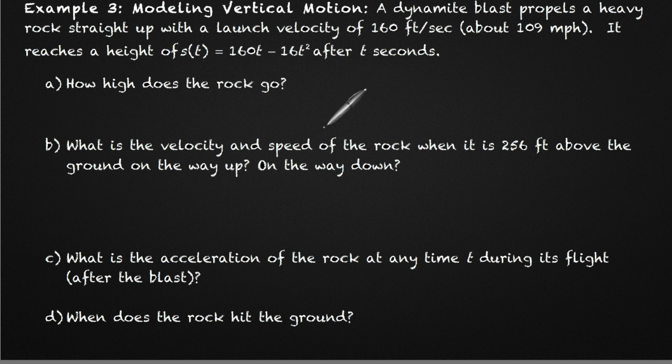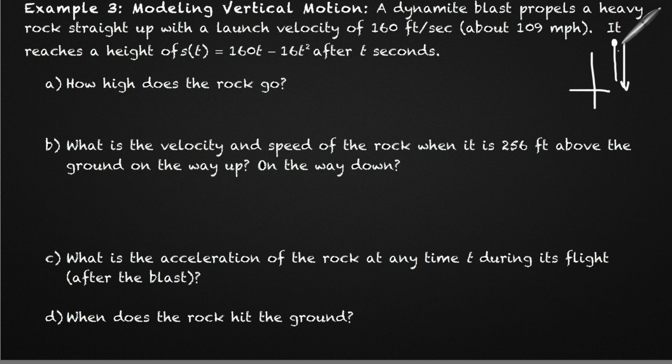Okay, so in order to find that, we need to understand that if a rock is thrown up in the air, then it's going to reach its maximum height and then it's going to start to come back down. At the point where the rock reaches its maximum height, the velocity is 0, because as it's going up, the velocity is positive, and as it's going down, the velocity is negative.